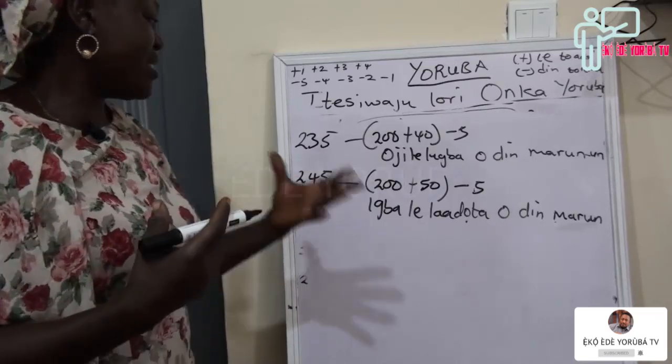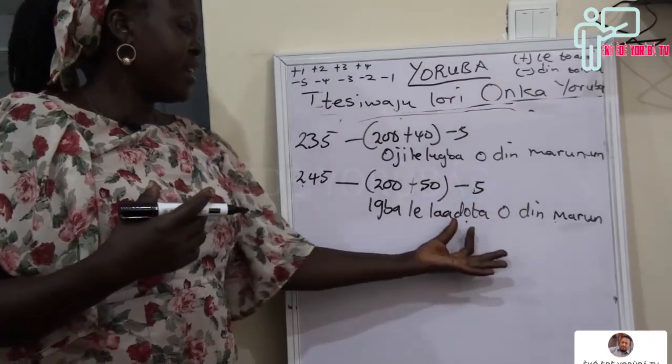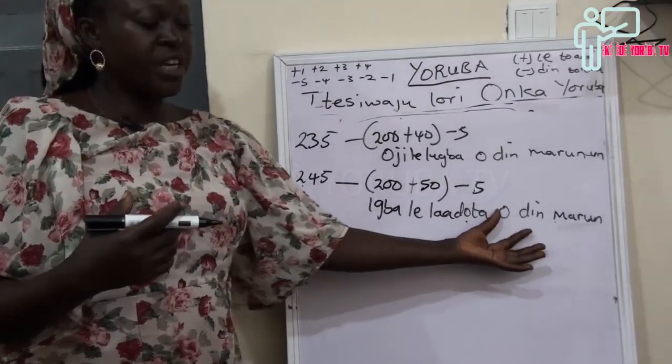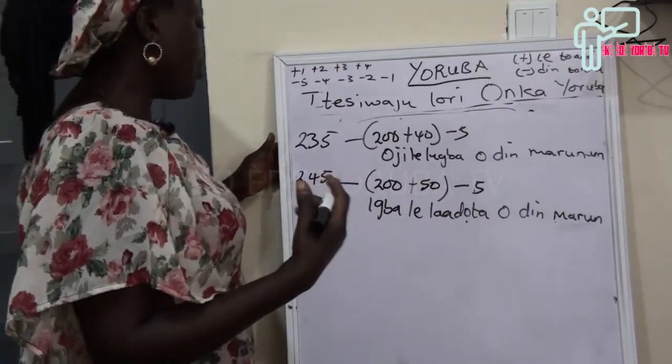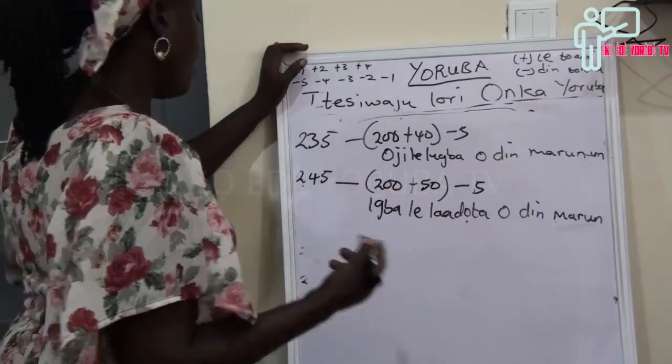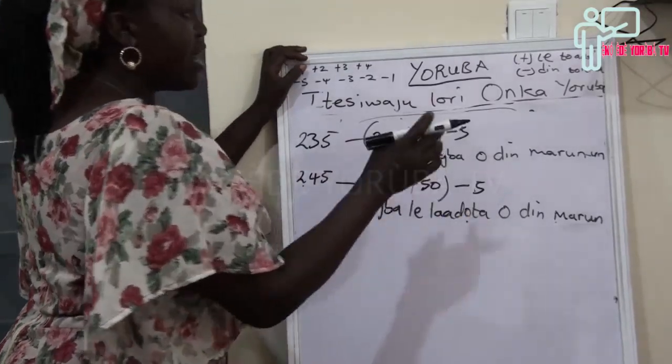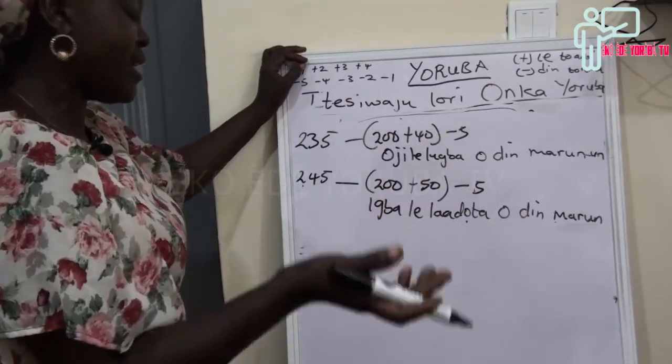But when you want to write it down, you can say ìgbáléláàádọ́ta ó dín márùn-ún. So this àádọ́ta, you know I told you in 60 that is ọ̀tá.